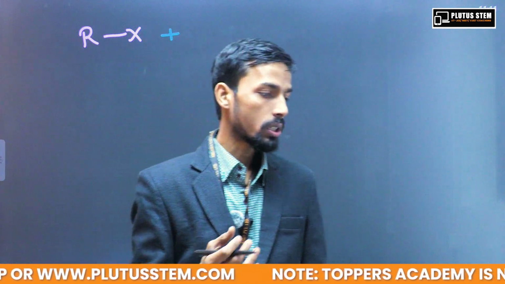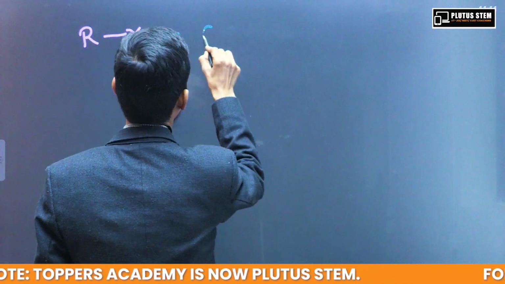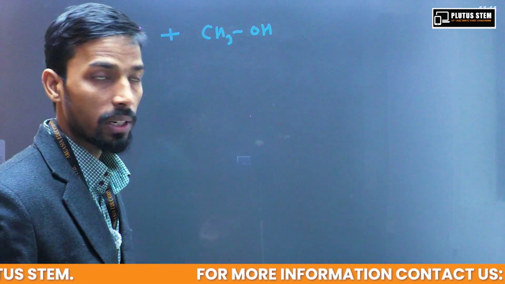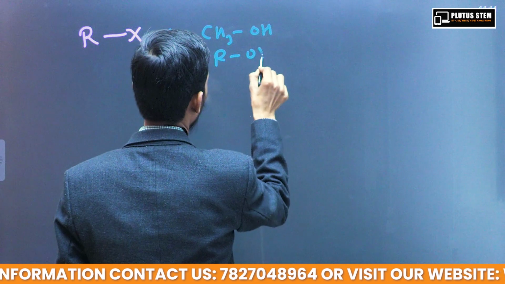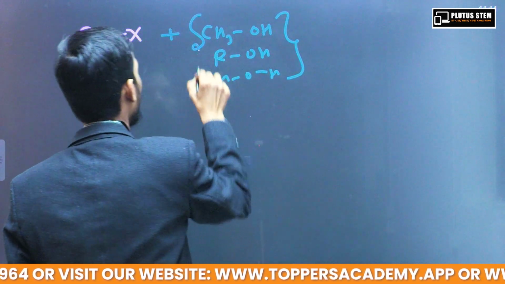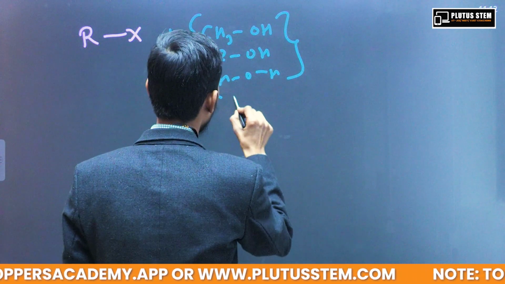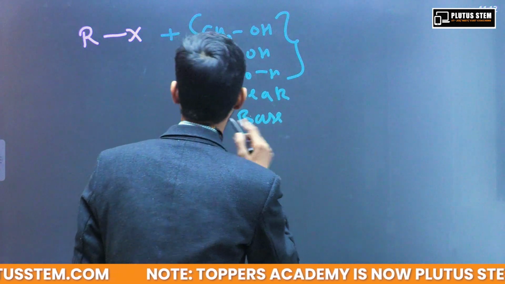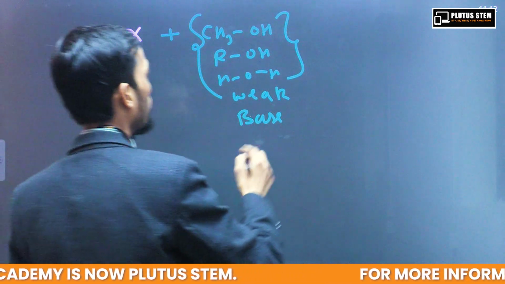If we have simple water as a reagent, ROH, CH3OH, or a weak base type reagent, CH3OH, or ROH, or water, if these types of reagent are coming into the place, these are termed as weak bases. So in this case, we know that we generally follow the SN1 reaction.